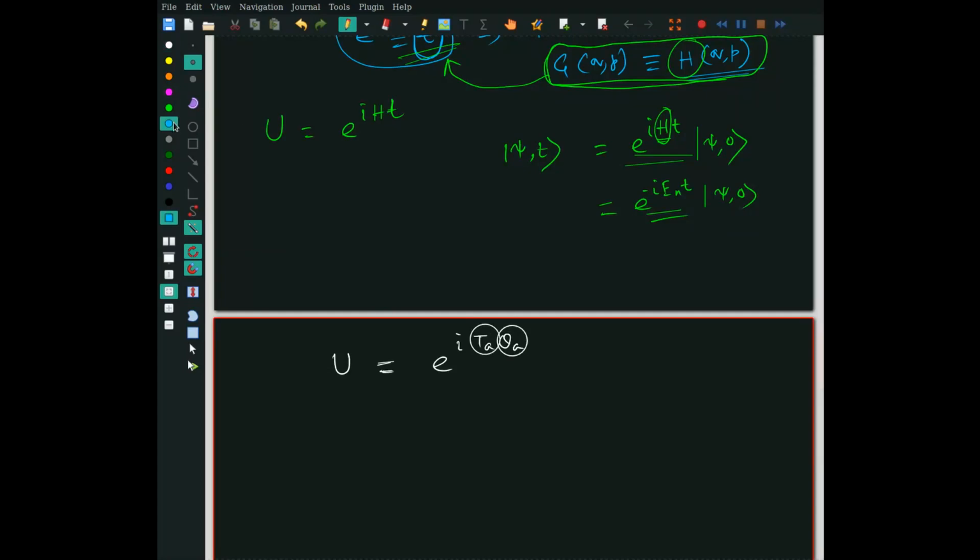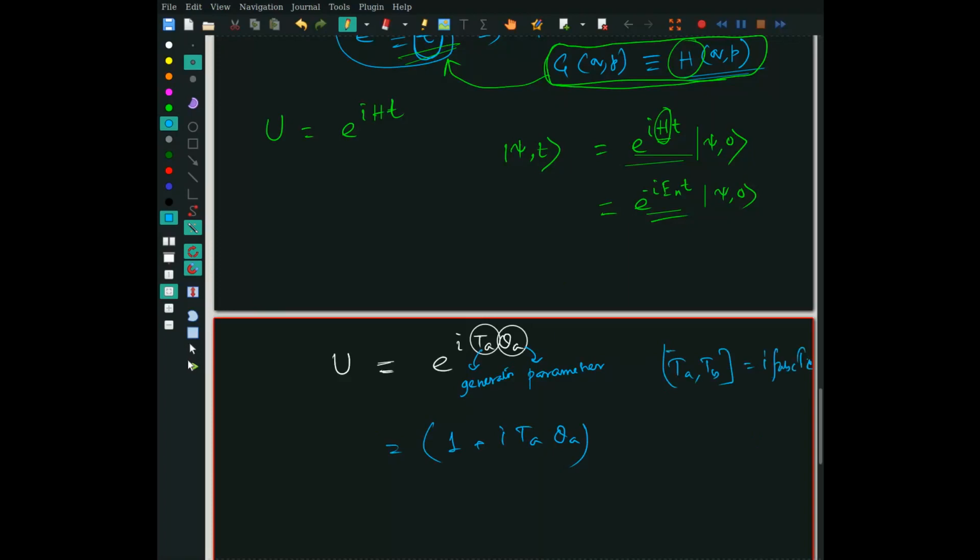So this theta_a is your parameter of group transformation, and this is your generator. In the infinitesimal form, you write it as e to the power i T_a theta_a, and from this infinitesimal form, you find your Lie algebra, [T_a, T_b] = i f_abc T_c.